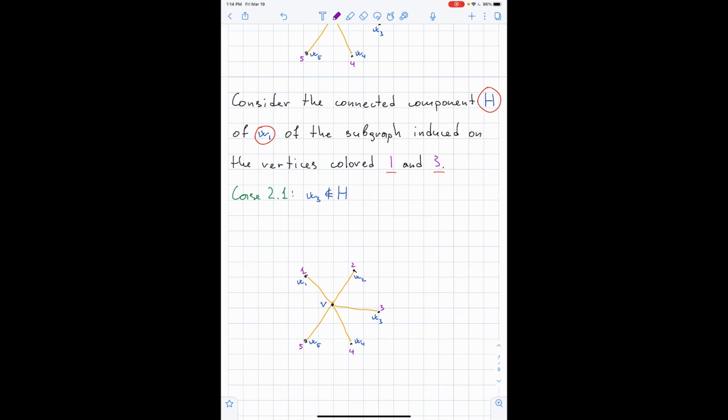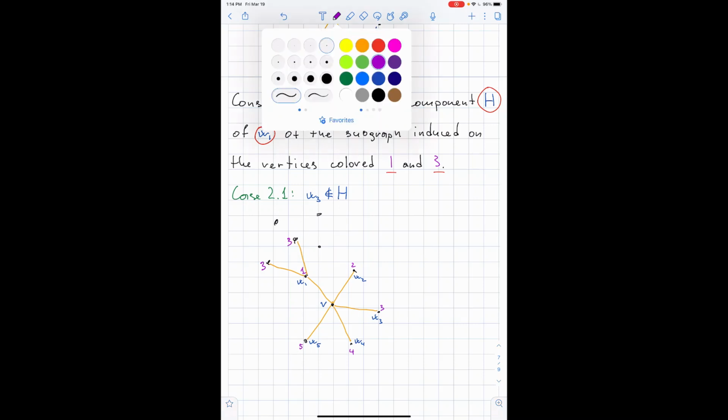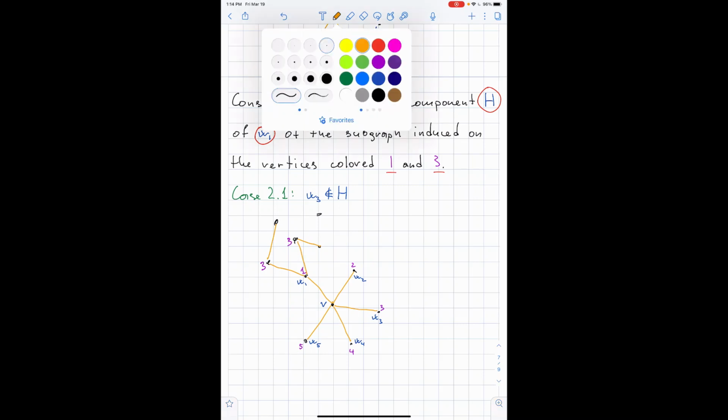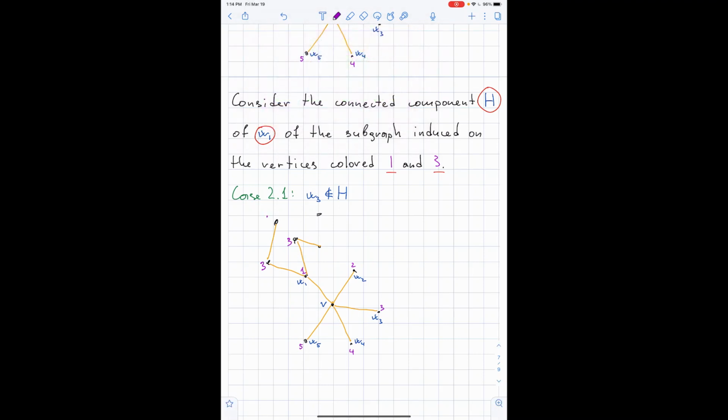So maybe we might have a picture like that. There might be several vertices like that. Some of them are attached to W1, which means that they are colored in color 3. Then maybe some other vertices are attached to those vertices, and those have to be colored in color 1.